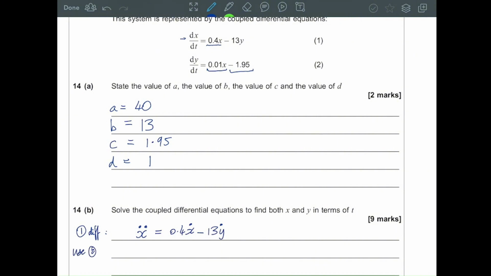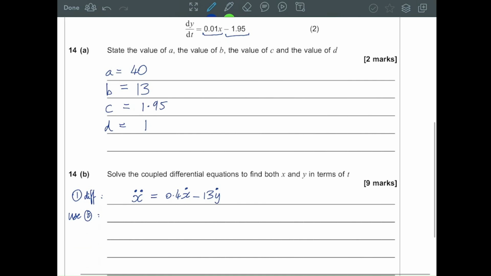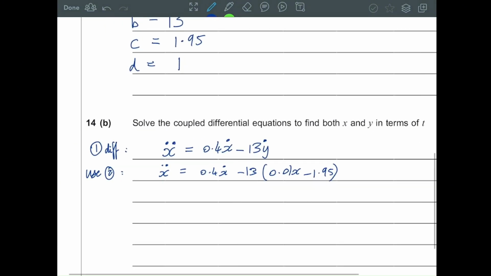And then we're going to use equation 2. So equation 2 tells me what y dot is. So it's 0.4x dot minus 13 lots of 0.01x minus 1.95. I have just noticed this is a 9-mark question, so we're going to have to do quite a bit here. That is now a second order purely in terms of x.